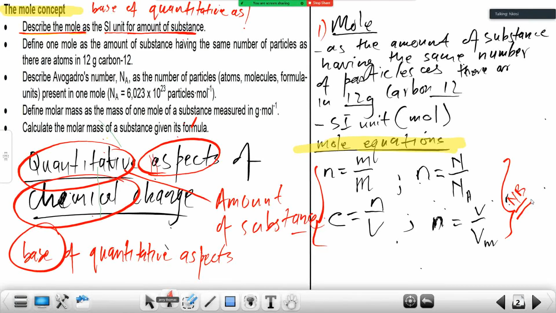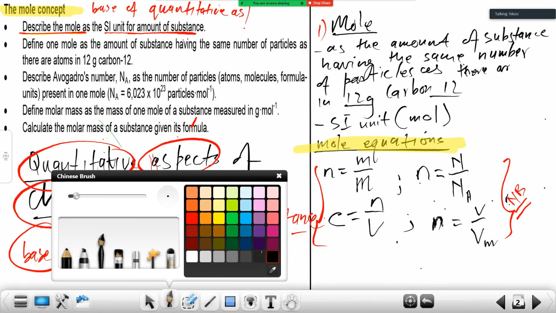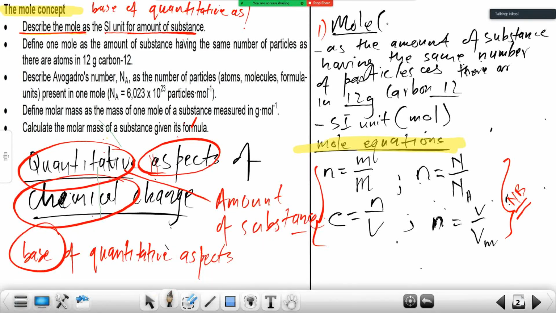So moving forward, we know that we have the SI unit, which is mole, and we can denote mole with a small n. So everywhere where I see a small n, definitely that should be the number of moles.